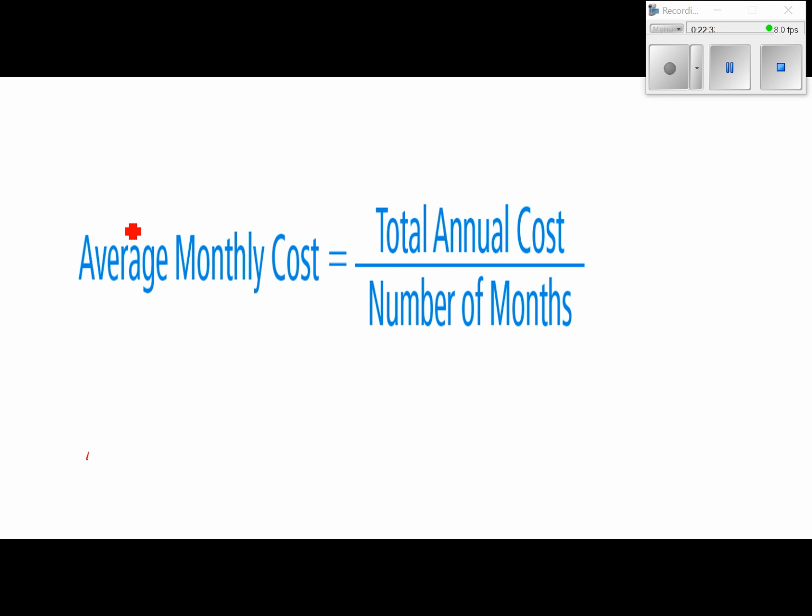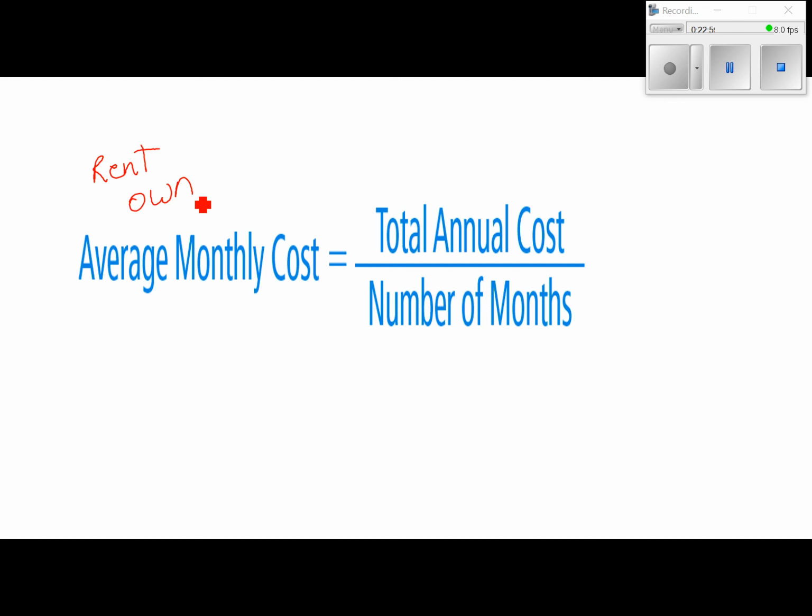Average monthly cost and total annual cost are ways that you could decide whether you want to rent or own a house. You could compare your total annual cost. Then you also have to weigh the fact that if I'm renting, it's the owner of the place's responsibility to fix different things, but if I'm owning, it's my responsibility.